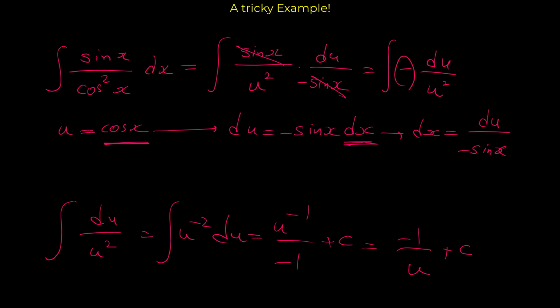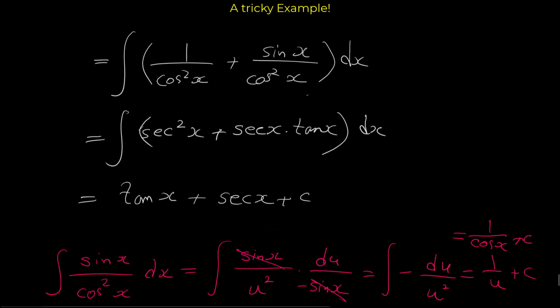But we have an extra negative here. So the answer would be 1 over u. So the integral equals 1 over u. U originally is cosine. So the answer is 1 over cosine x. 1 over cosine is exactly secant. Same expression here.